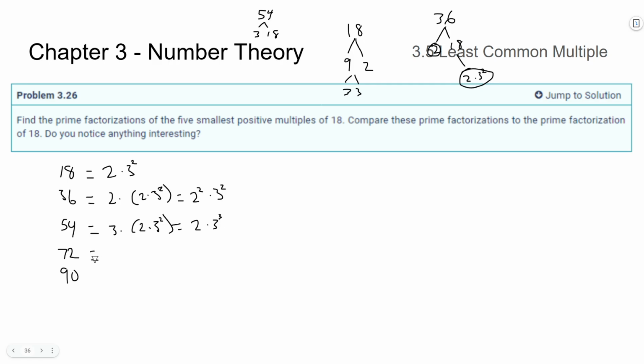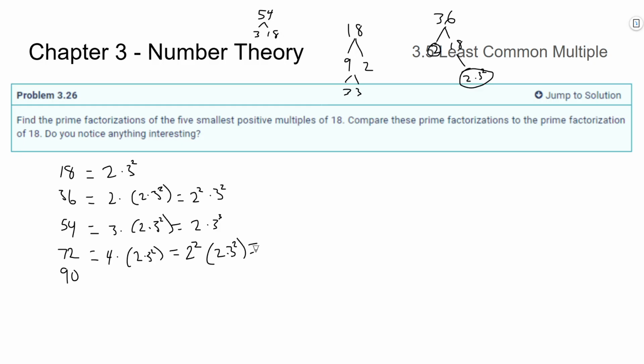This one here is going to be 4 times 2 times 3 squared. But 4 is not a prime, so let's go ahead and rewrite this. The prime factorization of 4 would be 2 squared, right? So 2 squared times 2 times 3 squared.